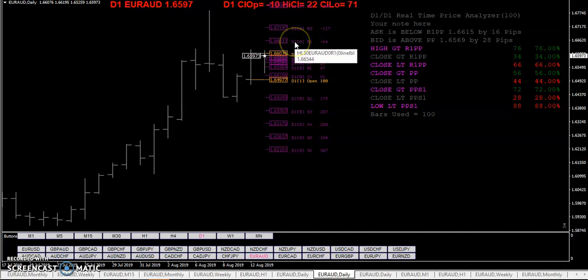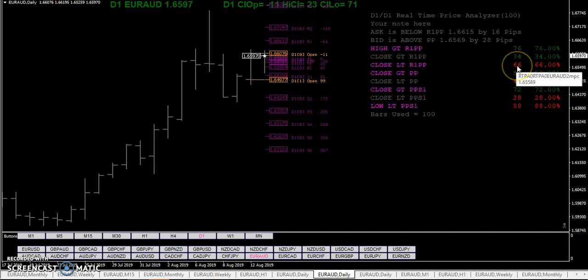So as you can see, right now price is between R1 and the pivot point. High greater than R1 76 times out of the last 100. Close greater only 34 times.